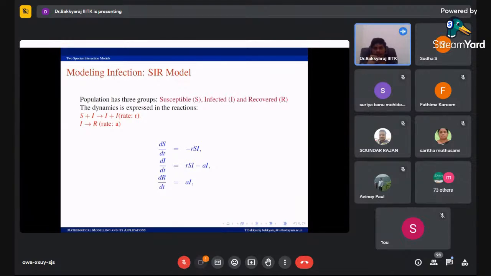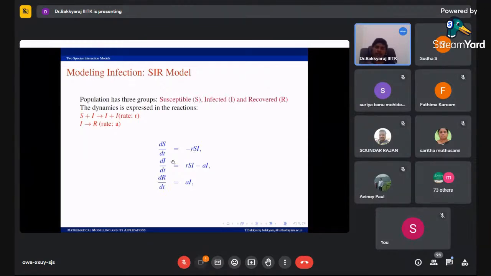So it's a complete graph. Here the susceptible person, I mean the healthy person, if he meets an infected person, then at the infection rate R, the healthy population will decrease. So whenever S and I meet, at the rate R, the population will decrease.